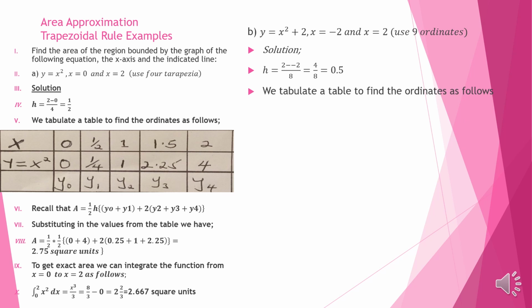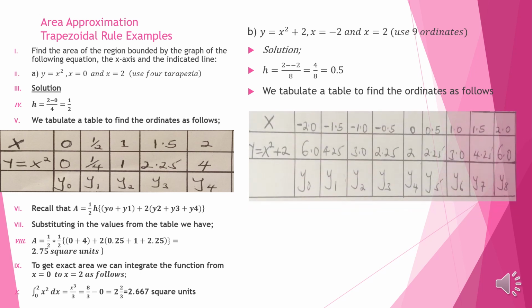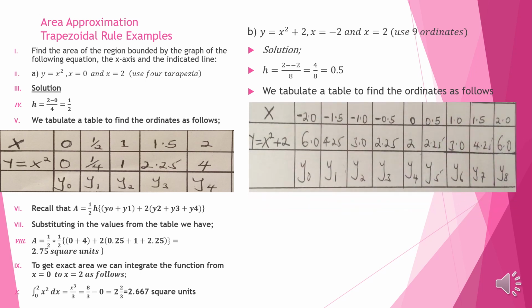Now we proceed to tabulate the table so that we can find the ordinates. We keep on adding the height from negative 2 to negative 1.5, negative 1, negative 0.5, 0, 0.5, 1, 1.5, and 2. Then we substitute the values of x into the given function, y equals x squared plus 2, and we get the values listed below x.